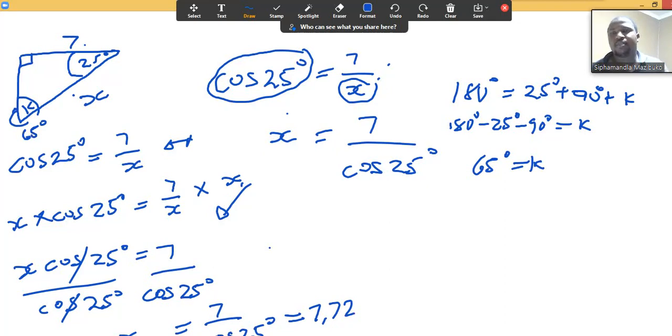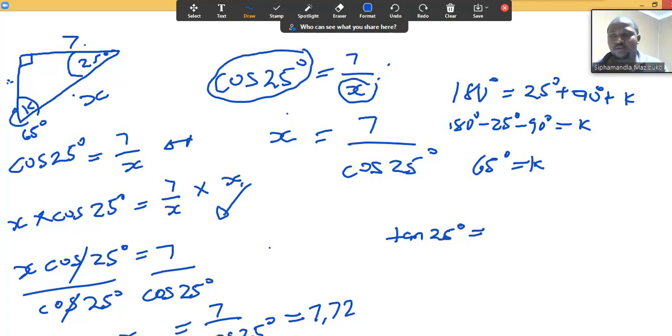But you see, now we can easily find this one. If you're looking at this one here, it's opposite all over adjacent, that should be tan, to find that other side. So we can say we have tan 25 degrees is equal to opposite.